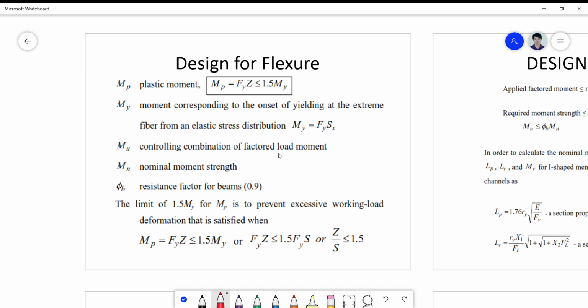Mp is your plastic moment, which has a formula Fy Z. The same is true with your compact requirement, but it shall not exceed a limit equivalent to 1.5 My. This value has something to do with the shape factor for weak axis bend.